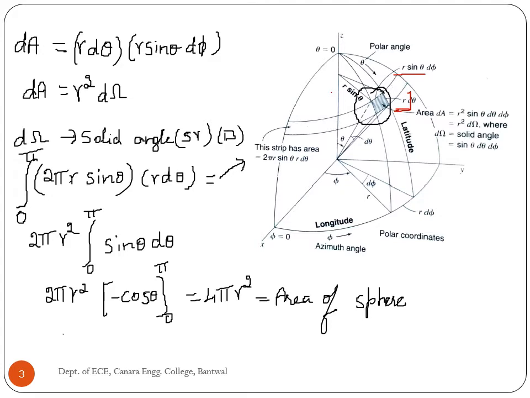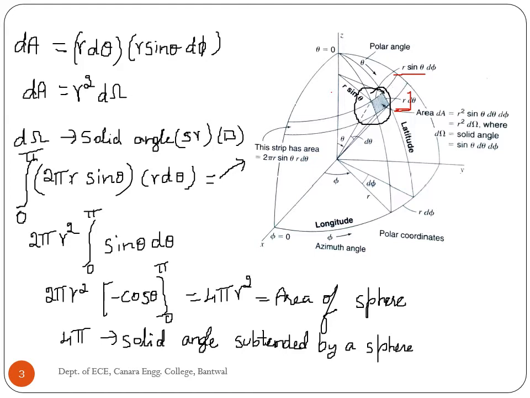Where 4 pi is the solid angle subtended by a sphere in steradian.